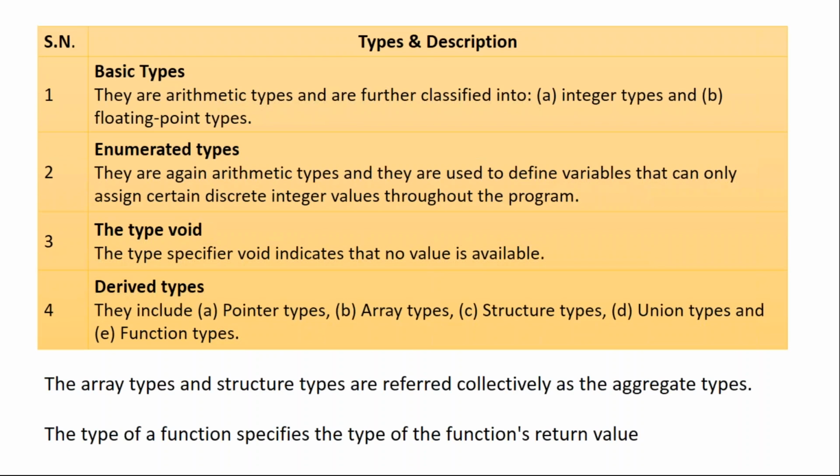One is the basic or normal data, that is integer and floating types. The second one is enumerated. These come under discrete integer values, an extension of the integer data type. The third one is void, which means there is no specific data and nothing can be returned through it.